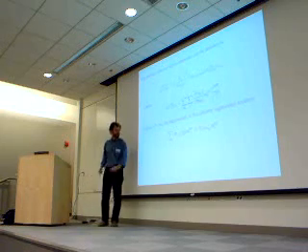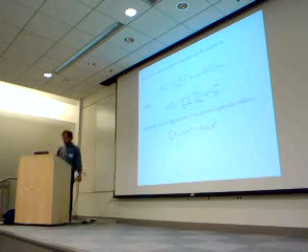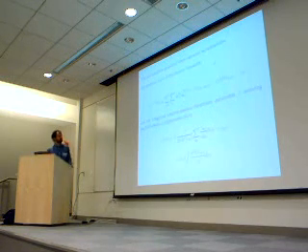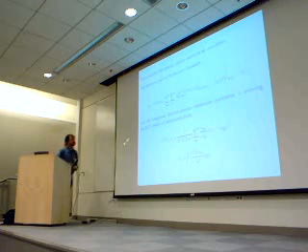And these U are the eigenmodes of the dynamical matrix at q. So this is the basic object, and from it one can calculate various things.